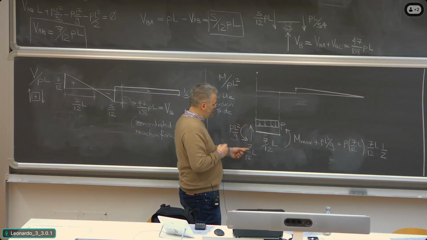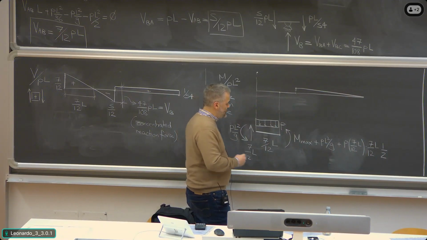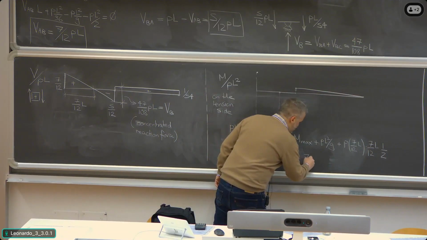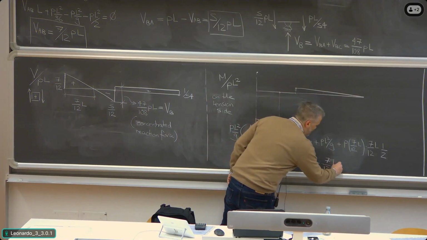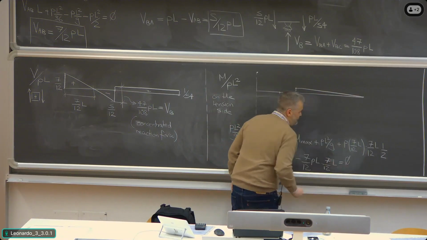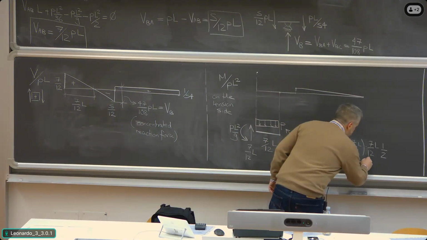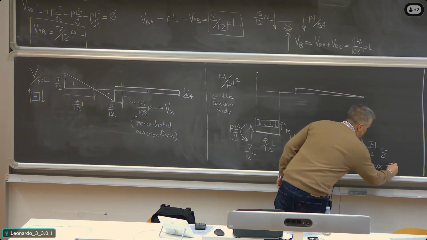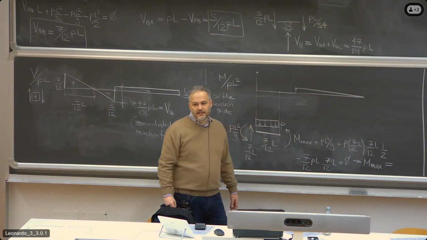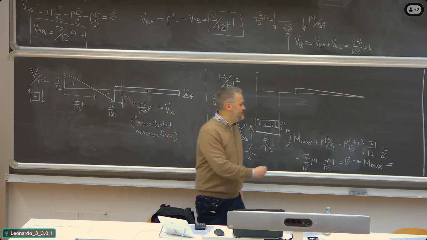And then you have the contribution of the shear force at the first end, which is negative, minus 7 divided by 12 PL multiplied by 7 divided by 12L, equal 0. The result, don't make me do all this math, I will present you with the final result, will be 17 divided by 288 PL squared.